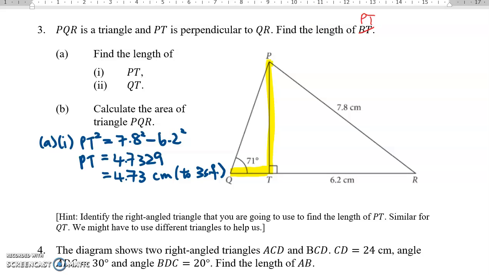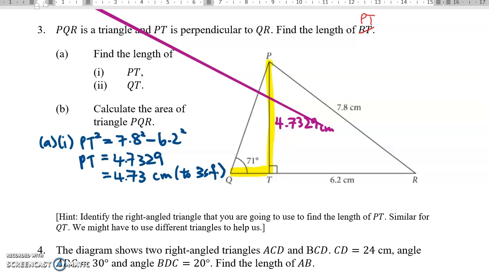With the length of PT found in part A, I can actually make use of the length found. I'm using the 5SF value to help me find the length of QT, because I have the opposite.